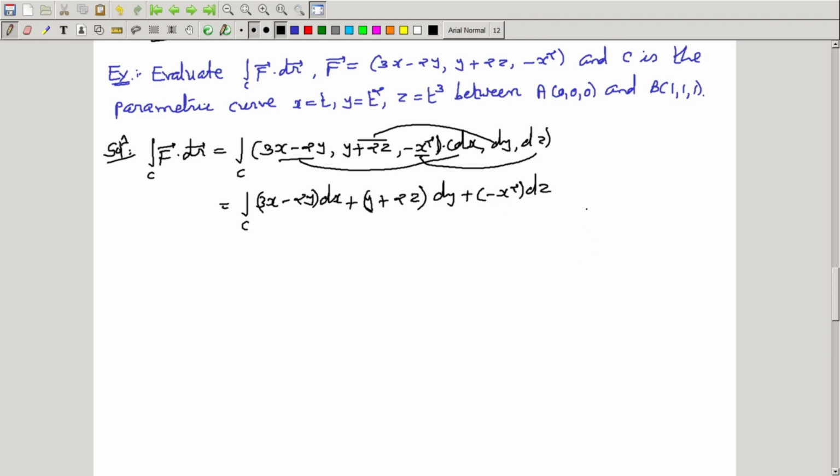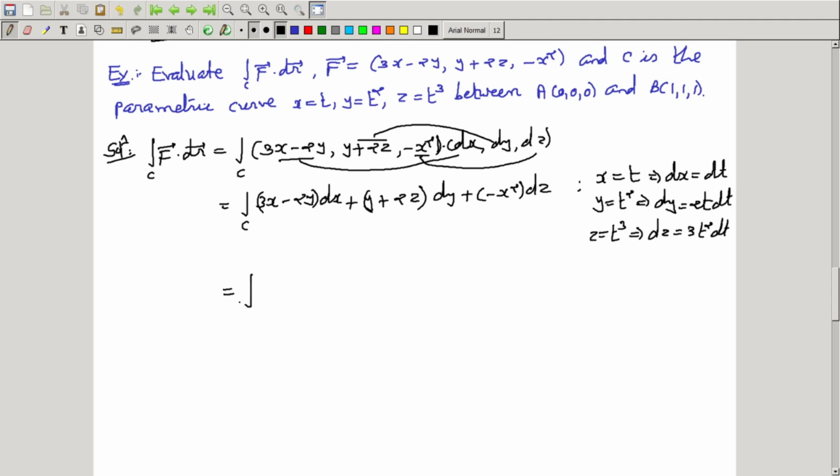Right? Now what we have been given, x is equal to t. So what is dx? It is dt. y is equal to t square. So what is dy? It is twice t dt. z equal to t cube. Then what is dz? It is 3t square dt, right?